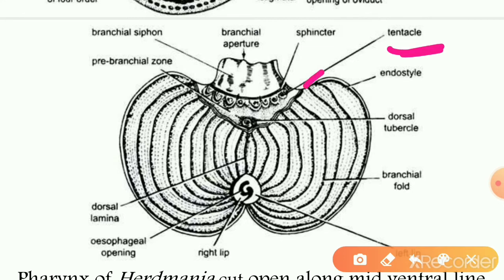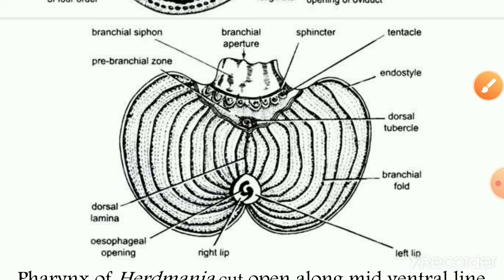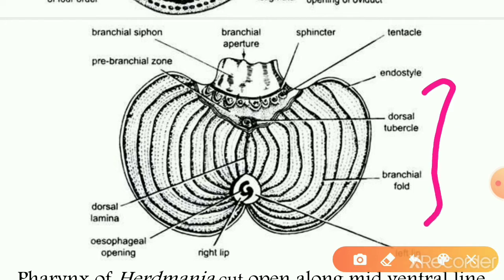These tentacles act as a strainer that filters the water and allows only microscopic food particles to enter the pharynx region. Now we will study the pharynx region. This whole part is the pharynx region.